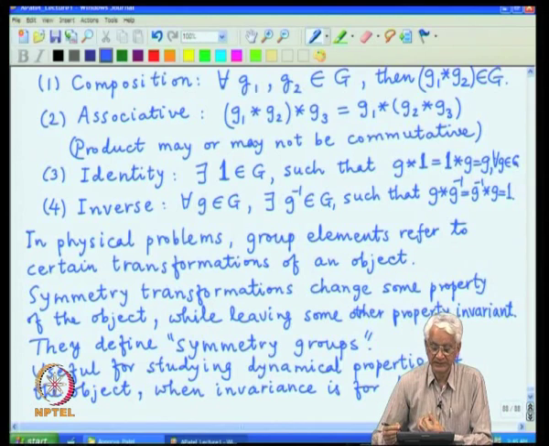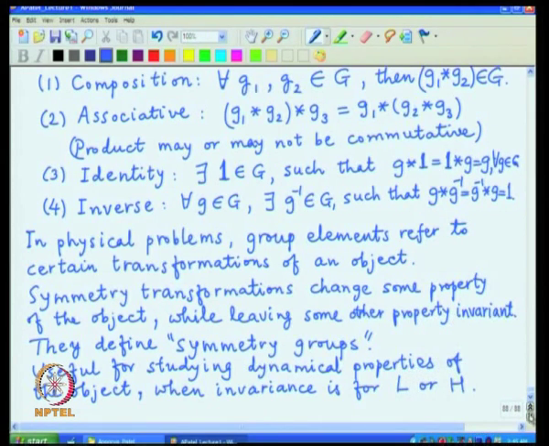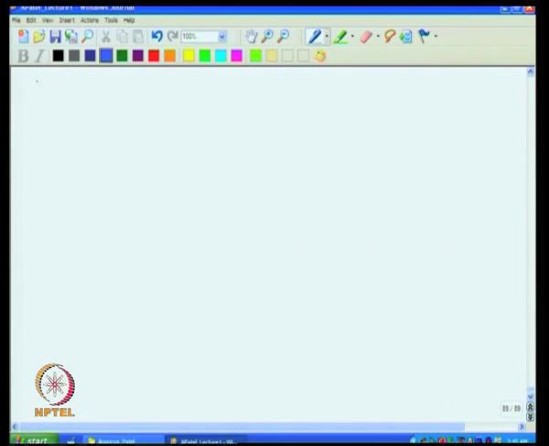And in physical problems such properties lead to powerful consequences, and that is the reason that group theory is important in the study of physical problems.